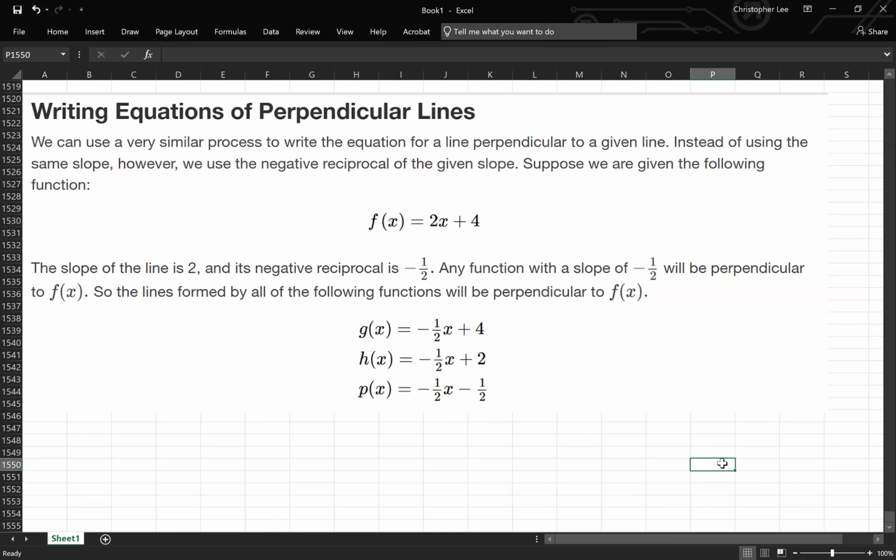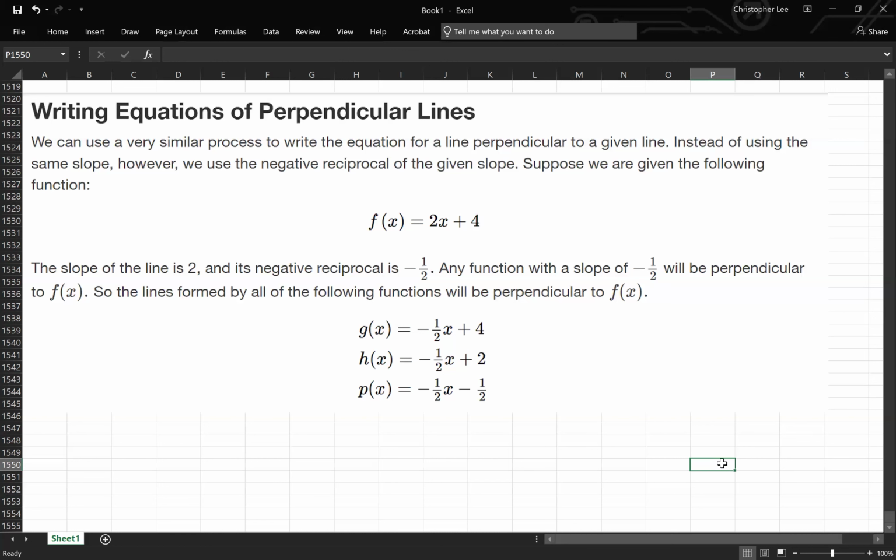Suppose we're given the following function, f of x is equal to 2x plus 4. The slope of the line is 2, and its negative reciprocal is negative 1 over 2. Any function with a slope of negative 1 over 2 will be perpendicular to f of x, right?